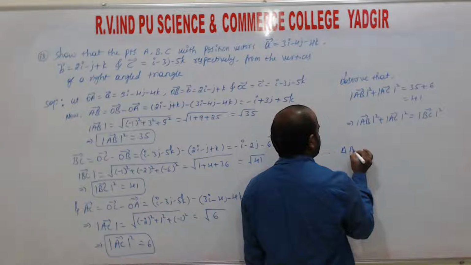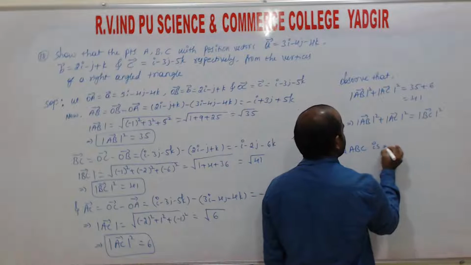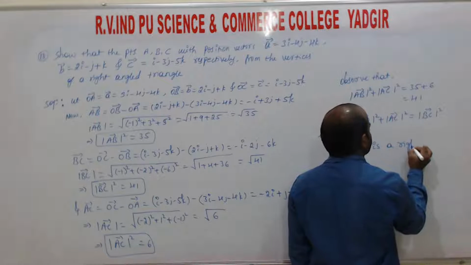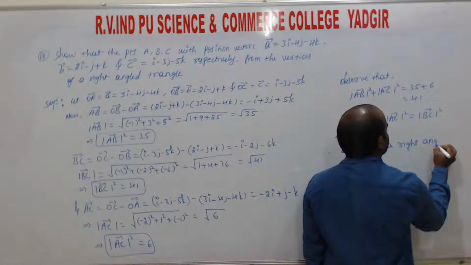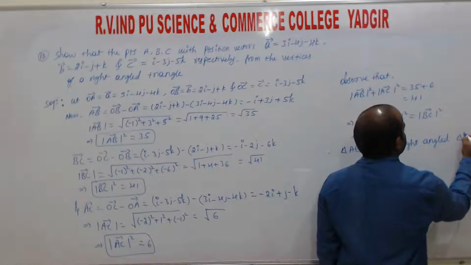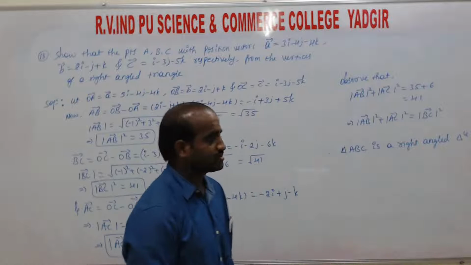Therefore, triangle ABC is a right angled triangle. Okay, this is the answer.